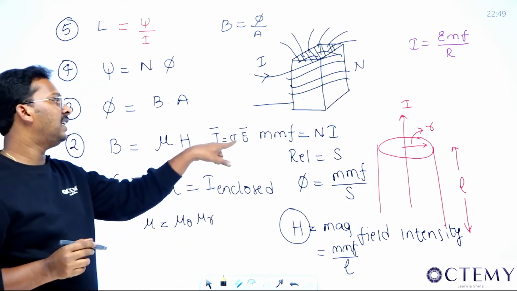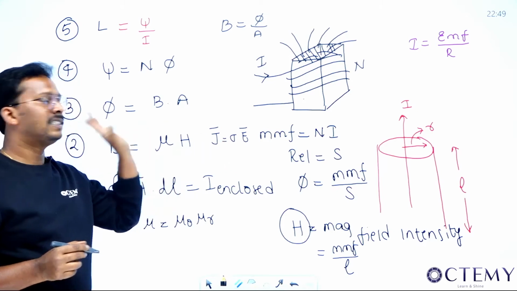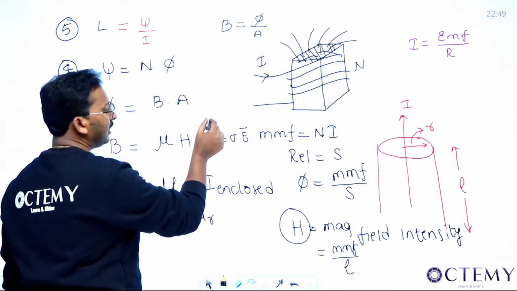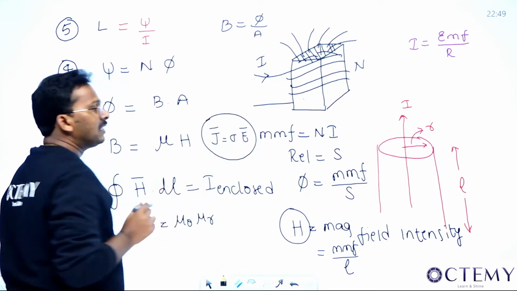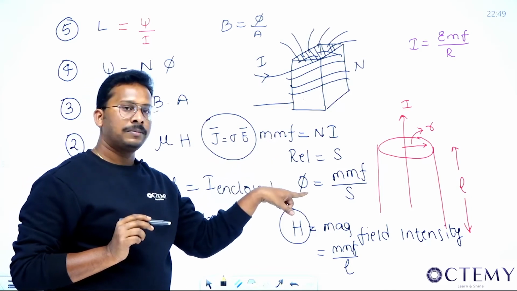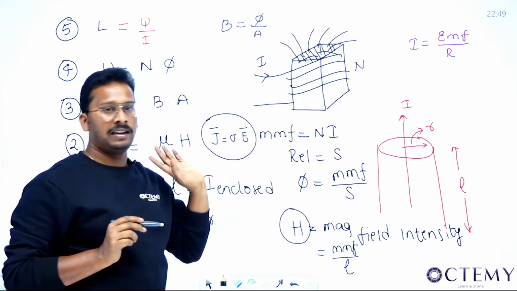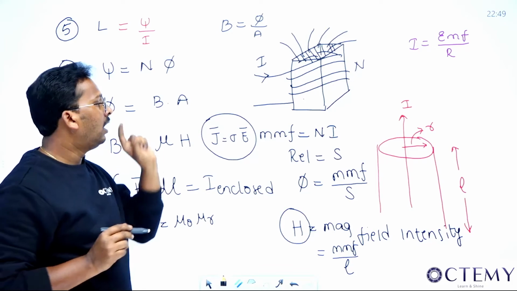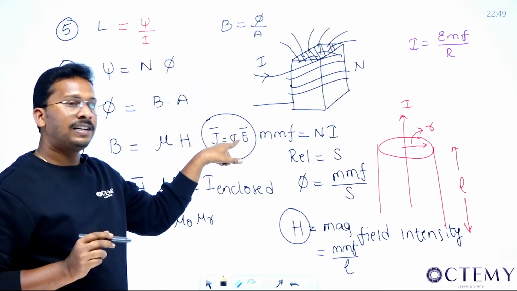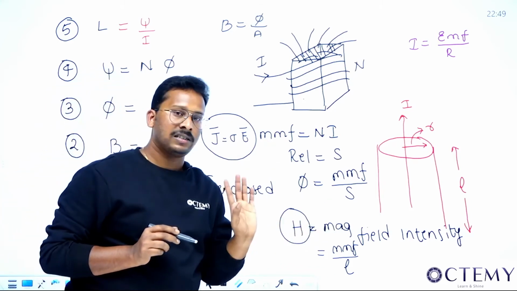This is current density, this is electric field intensity, this is conductance. From here only you will get the resistance formula. Whenever there is a magnetic circuit involved, there will be MMF, reluctance, and flux. These are the analogues of voltage, resistance and current, right? And as there is current density, we have flux density. As there is electric field intensity, there is magnetic field intensity, right?